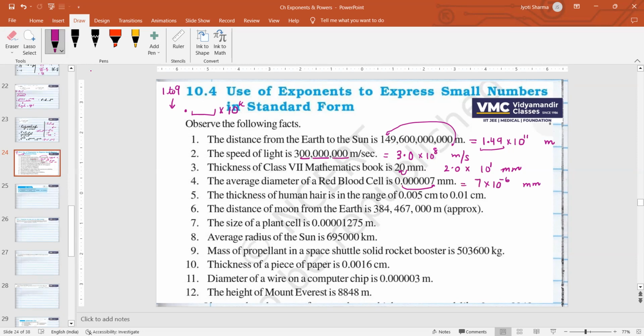This is equal to, so in both I have to write. So this will become 5, 10 raised to the power, it has jumped 3 places. And this is 1 into 10 raised to the power minus 2 centimeters.